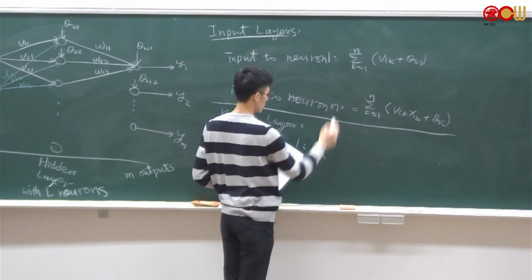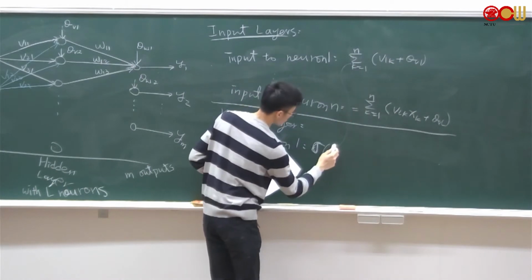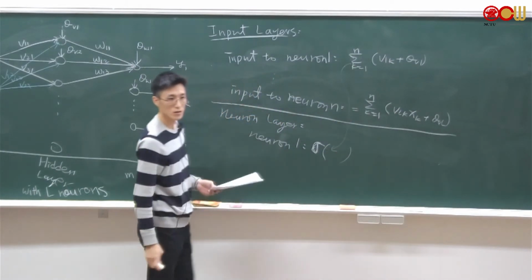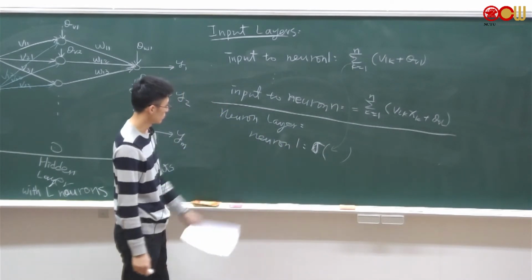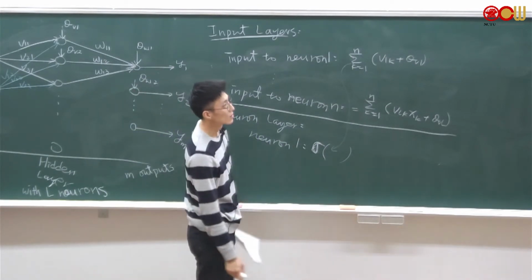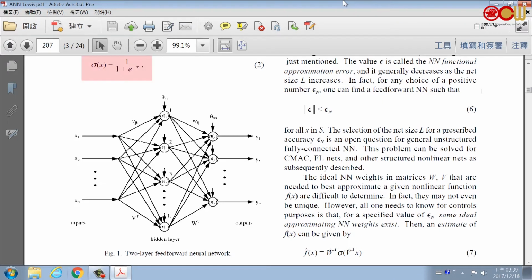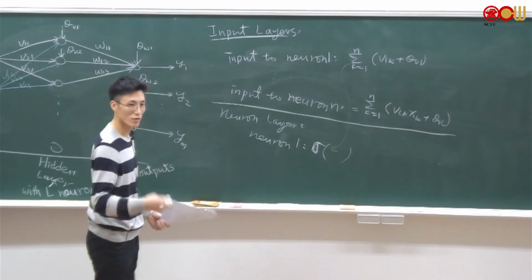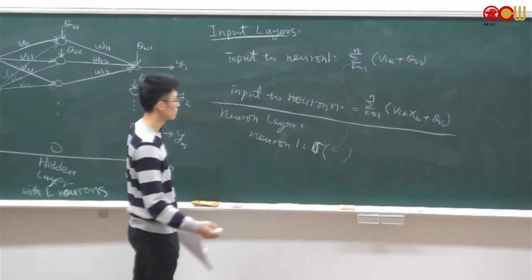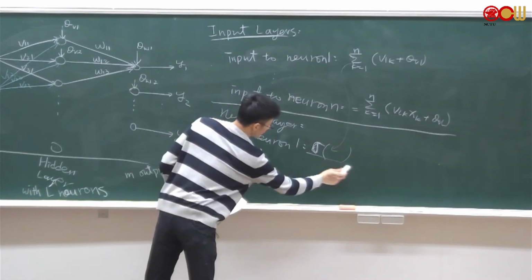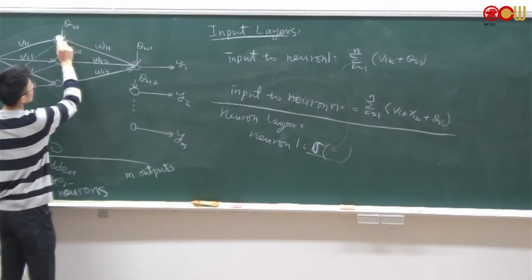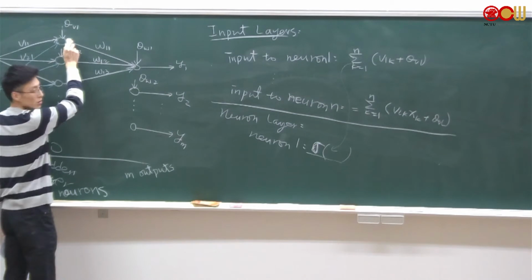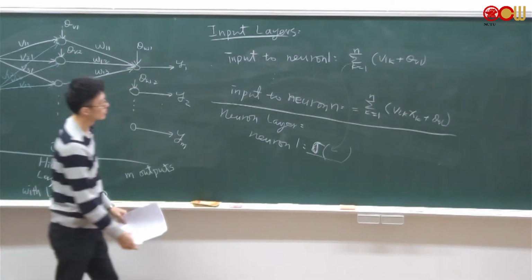This is the input to the first neuron, which sigma can be, for example, this function. This is one of the nonlinear operations in a neuron, just one of those, it can be other forms. So this gives an output. The result of this is the output from this neuron, and that will go into the upper layer.